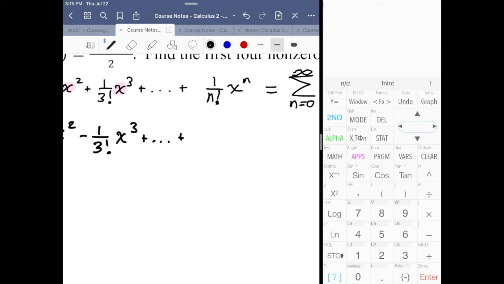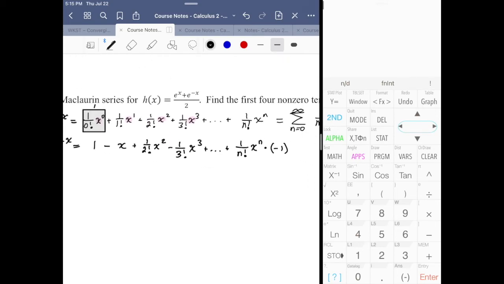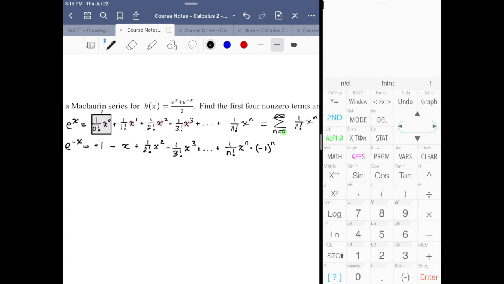All right, so what I'll do here, so plus dot dot dot plus 1 over n factorial remains the same. The x to the nth even remains the same. I just have to tack on a -1 raised to the whatever power makes sense. Now, since our summation is going to start off with a 0, -1 to the 0th starts us off with a positive value in the expansion.